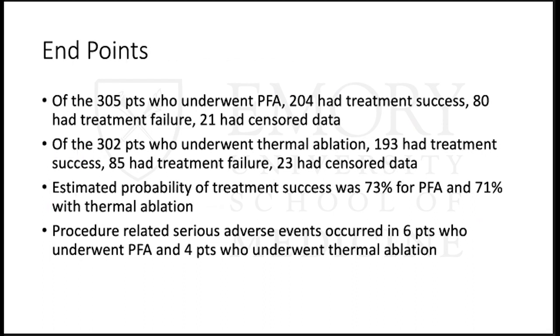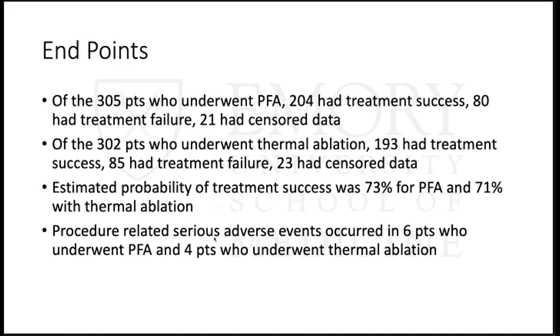So looking at the endpoints, of the 305 patients who underwent PFA, 204 had treatment success. And of the 302 patients who underwent thermal ablation, 193 had treatment success. So the estimated probability of treatment success was 73% for PFA and 71% with thermal ablation.